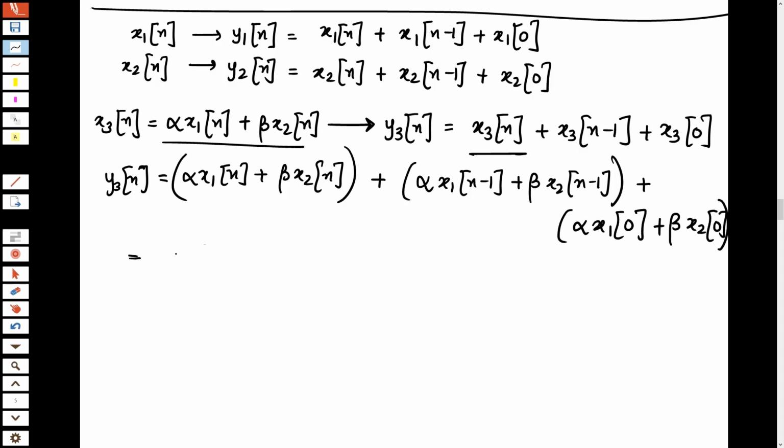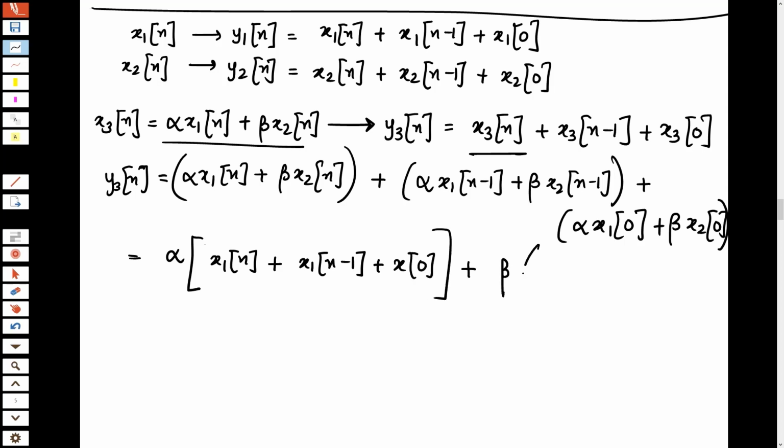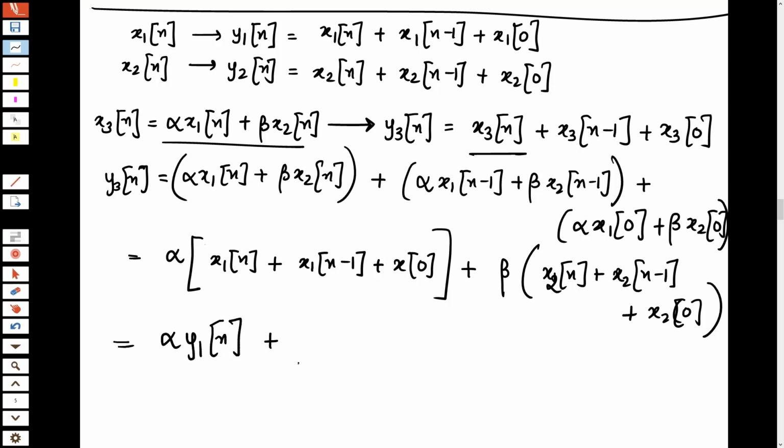Now let me open the bracket. Let me take all alphas together. So it becomes alpha times (x1[n] + x1[n-1] + x1[0]) plus beta times (x2[n] + x2[n-1] + x2[0]), which is nothing but alpha times y1[n] plus beta times y2[n], which is why the system is linear.